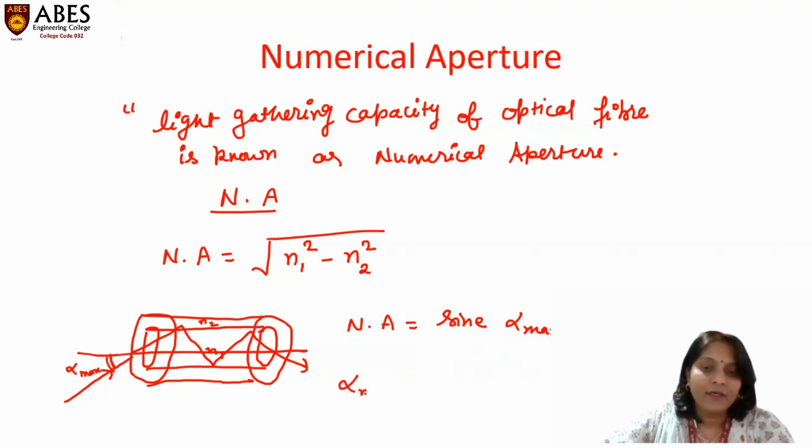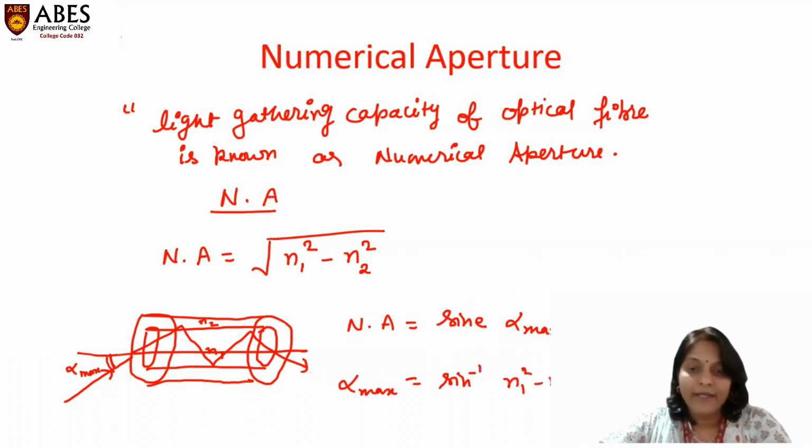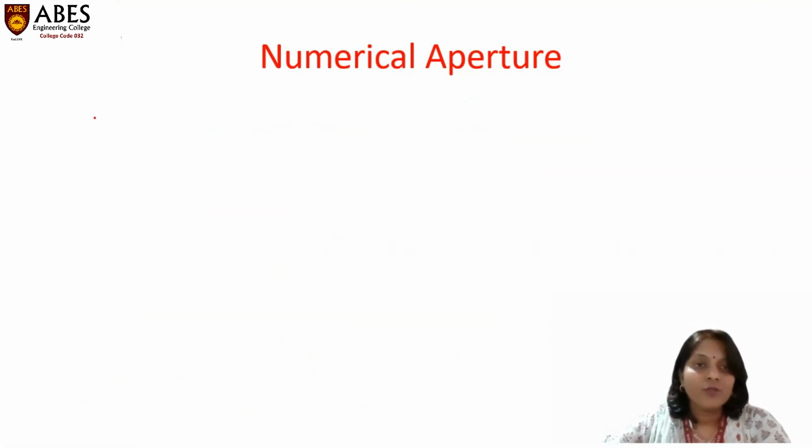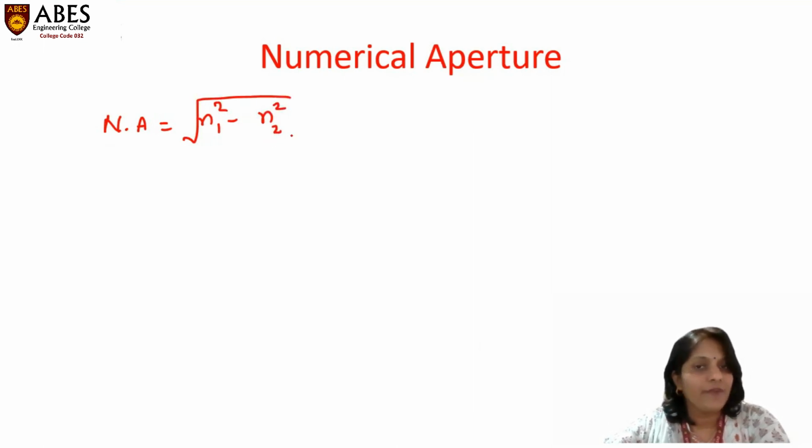We already discussed that alpha max is the sine inverse of the square root of N1 square minus N2 square. So sine alpha max, which is the square root of N1 square minus N2 square, is equal to the numerical aperture. I will write all the formulas again. The numerical aperture is defined as the square root of N1 square minus N2 square, where N1 is the refractive index of the core and N2 is the refractive index of the cladding.